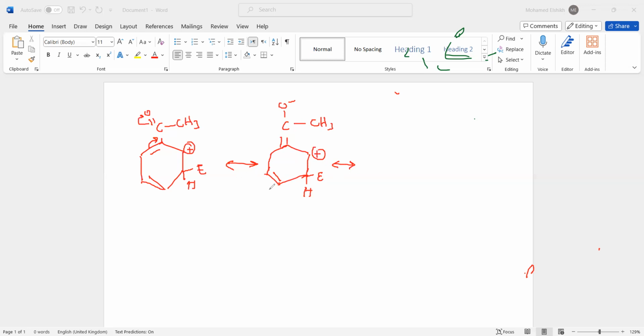There is another probability that we can draw here, that instead of this going upward, it can also go into this direction.